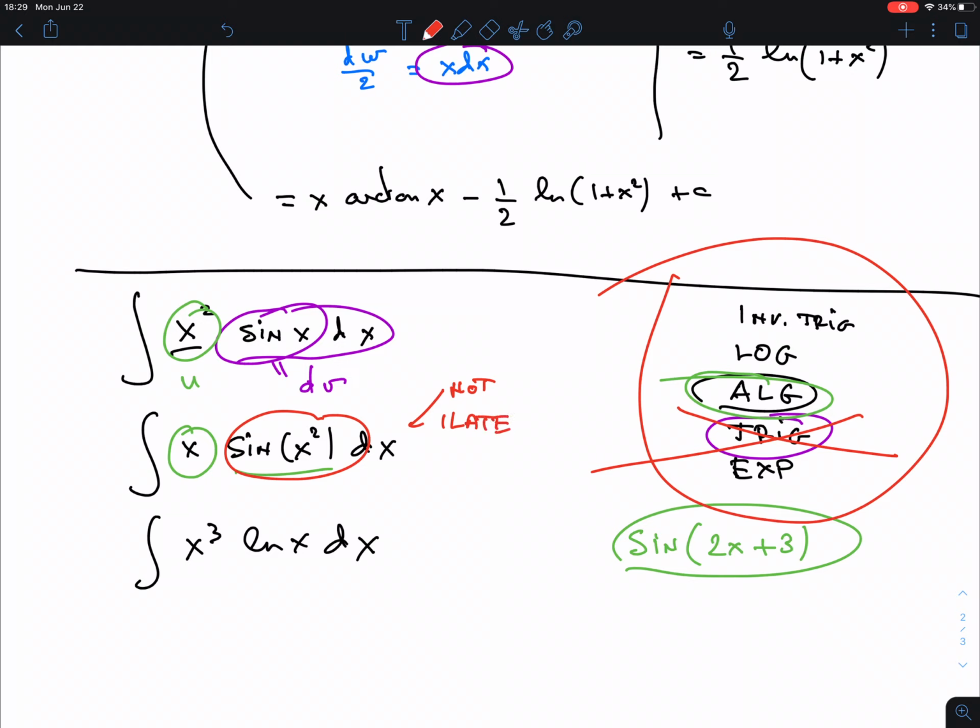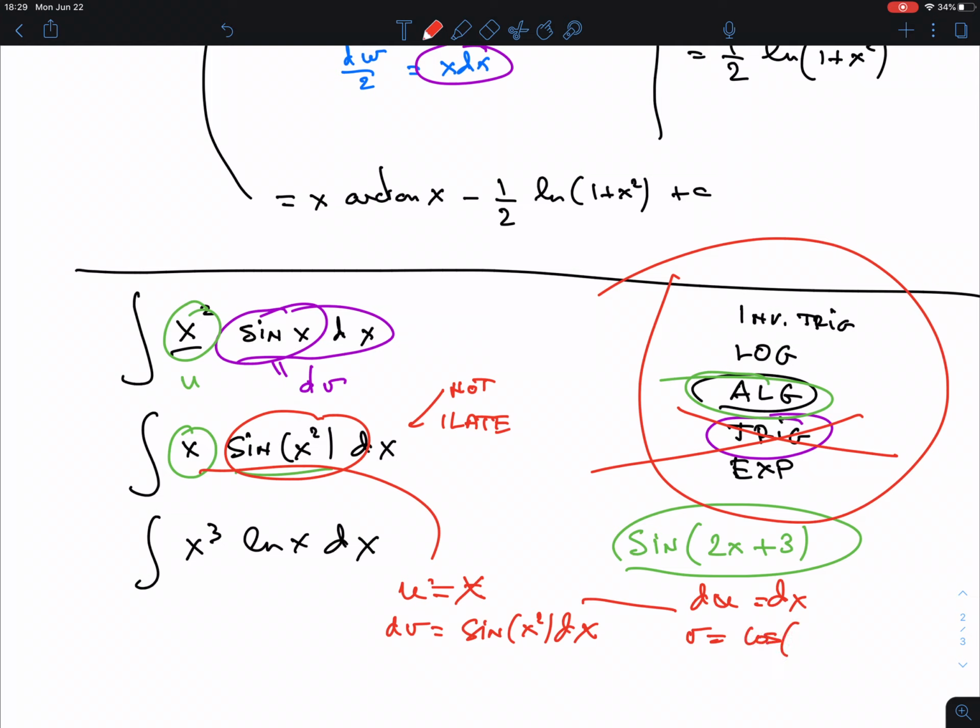You say, why can I not do this? I would think this should be u. I'm not going to listen to you. I'm doing u is x and dv is sine x squared dx, and then I take the derivative, du is dx, and then I need the antiderivative. The antiderivative of sine x squared is cosine. Is it cosine? Is it minus sine? No, it's cosine.